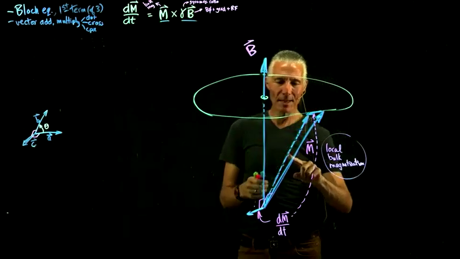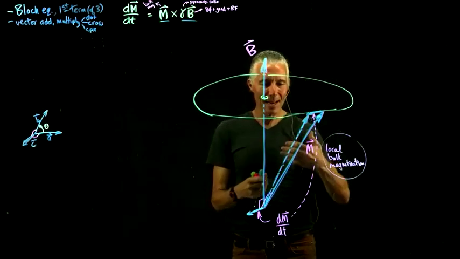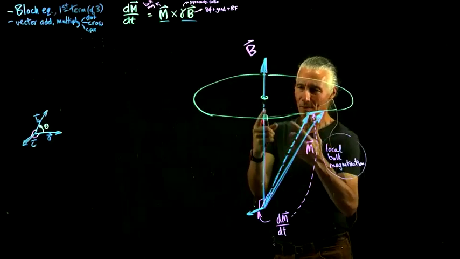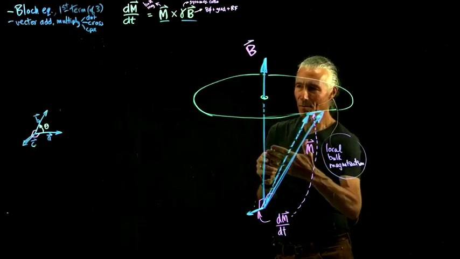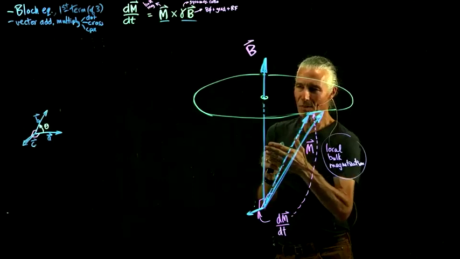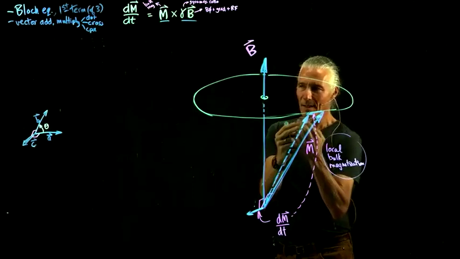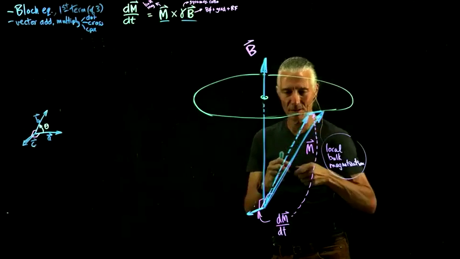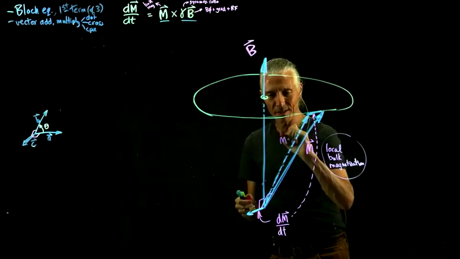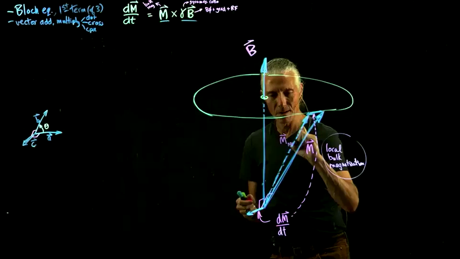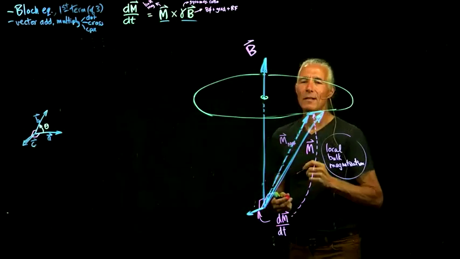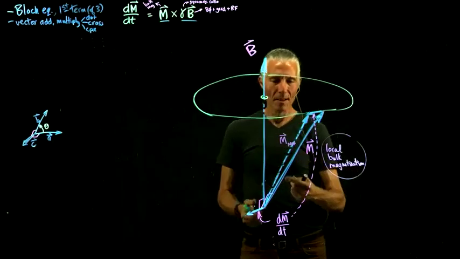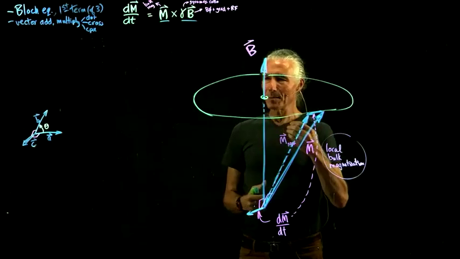The plane defined by the original vectors, the B and the M vector before we modified it, is going to be rotated a little bit because we pulled that new M vector around the circle a little bit.